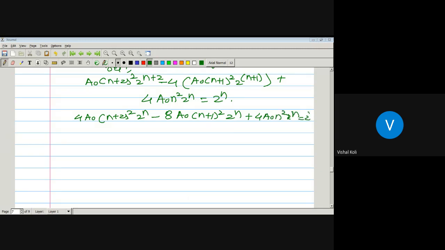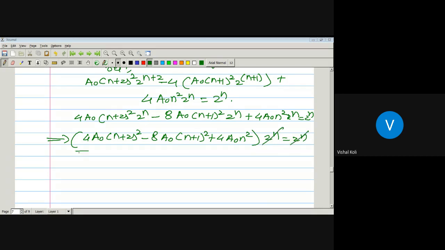Which is equal to 2 raised to n, which implies 4 times a naught n plus 2 bracket square minus 8 times a naught n plus 1 bracket square plus 4 a naught n square, into 2 raised to n, is equal to 2 raised to n. Divide both sides by 2 raised to n.